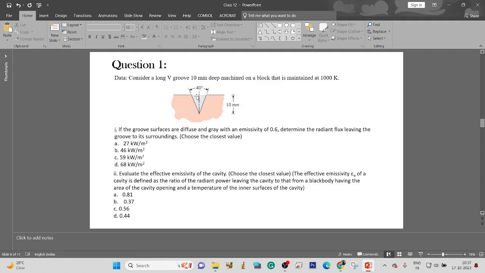So this x we need, this L we have, is 10 mm. So x will be equal to L upon tan 20, sorry, L upon x. So this x is equal to L tan 20.